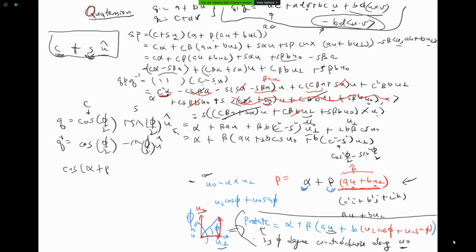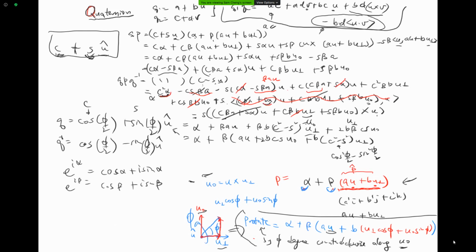Just remember the Euler equation, right? e^(i phi) is equal to e^(i alpha) cosine alpha plus i sine alpha, and e^(i beta) equals cosine beta plus i sine beta.